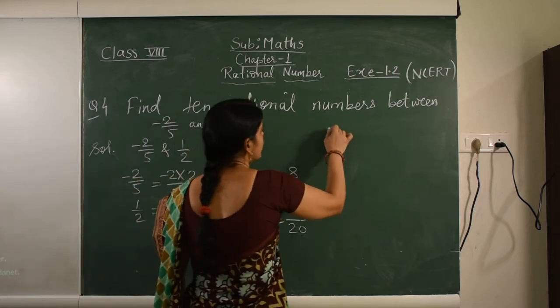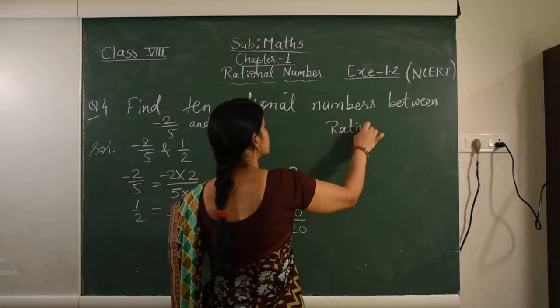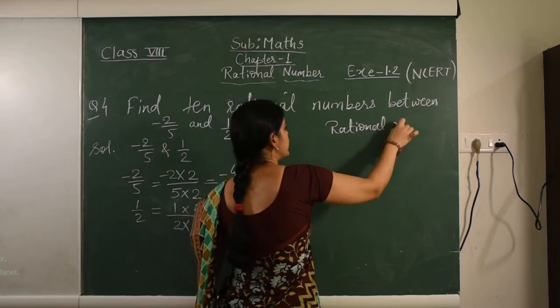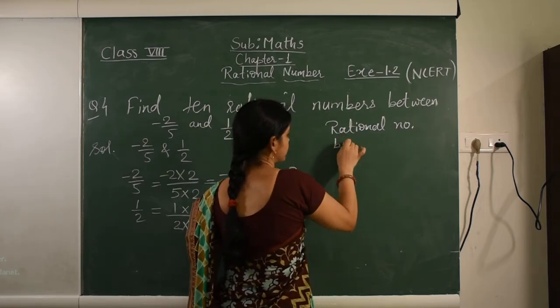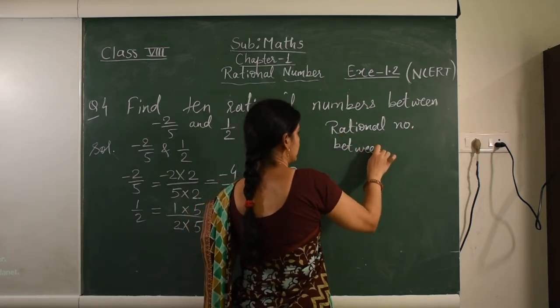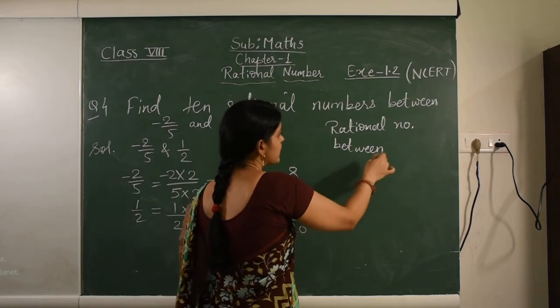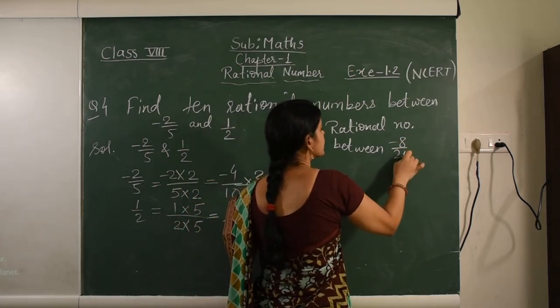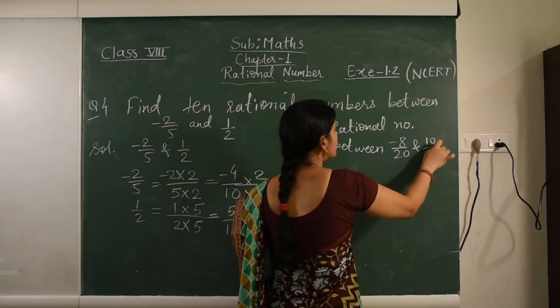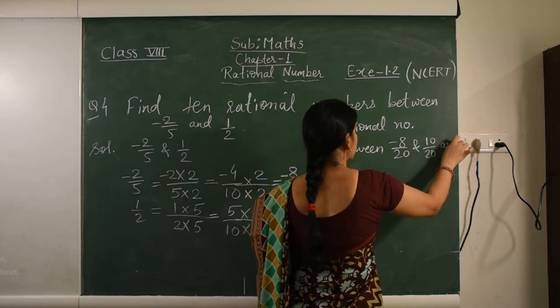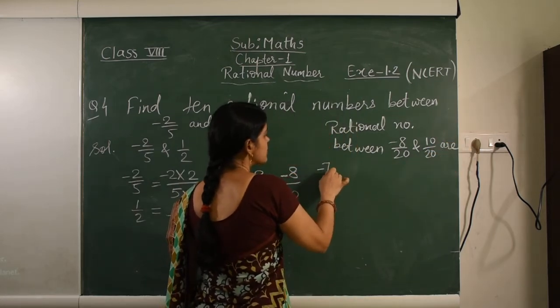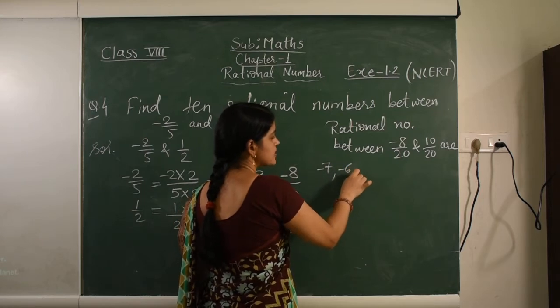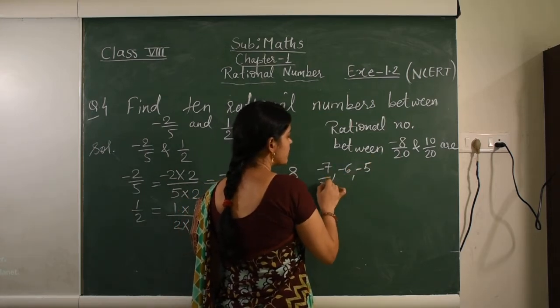So the rational numbers between minus 8 upon 20 and 10 upon 20 are minus 7, minus 6, minus 5.